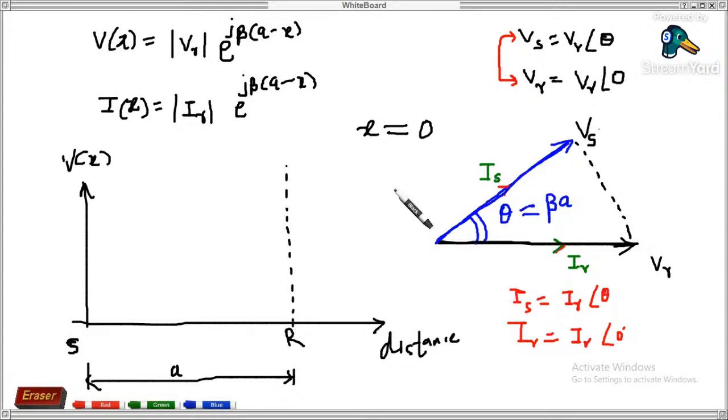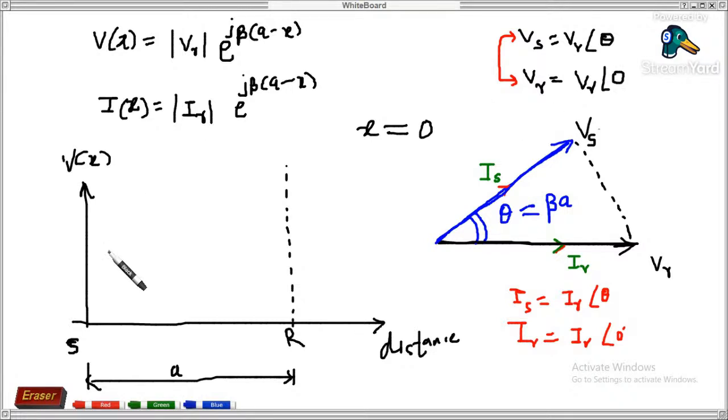But if you observe very carefully, the magnitude of Vs as well as Vr is the same. Right? Even if you put x equal to any distance, still you will get the magnitude the same. Only there is a change in the theta according to the value of x. Theta will change according to x, but the magnitude is independent of the value of x.